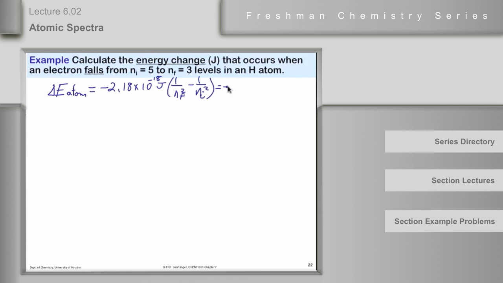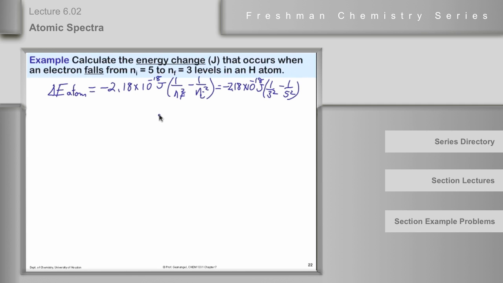So that's equal to negative 2.18 times 10 to the minus 18th joules times final is 3, 1 over 3 squared, minus the initial, which is 5, 1 over 5 squared.